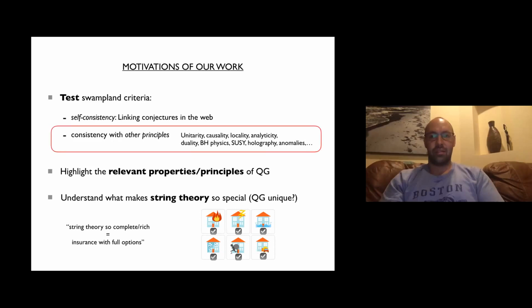Today I will focus on testing consistency with other principles, namely positivity conditions, which come from unitarity, causality, and locality of scattering amplitudes.